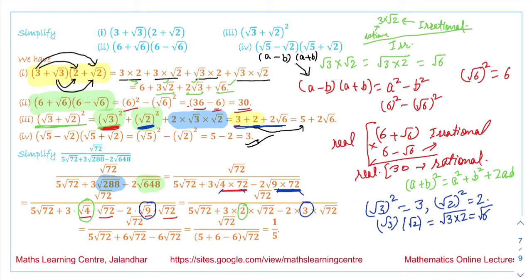What we are left with is root 72 in every term. If we take square root 72 common from the denominator, both square root 72 get cancelled and the answer we are left with is 1 by 5.